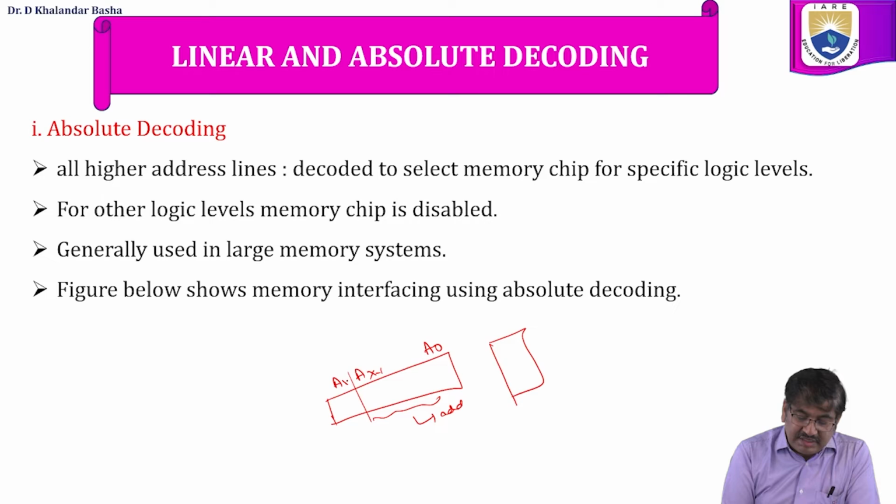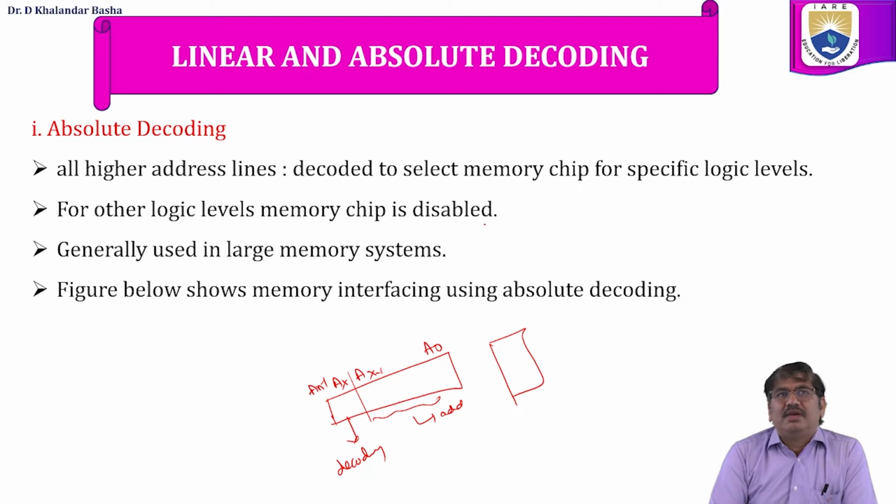The left out bits, AX+1 to AN-1, are used for decoding purposes. For other logic levels, the memory is disabled. Absolute decoding is usually used for large memory systems. The figure in the next slide shows memory interfacing using absolute decoding.